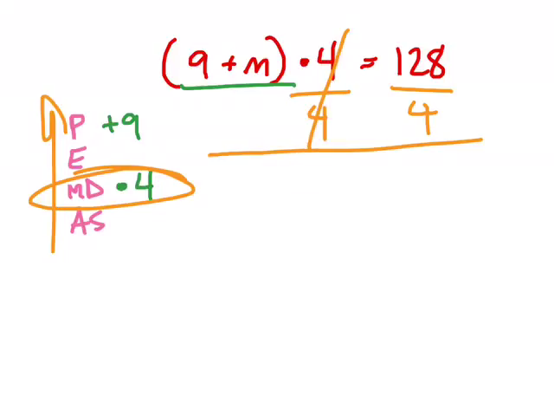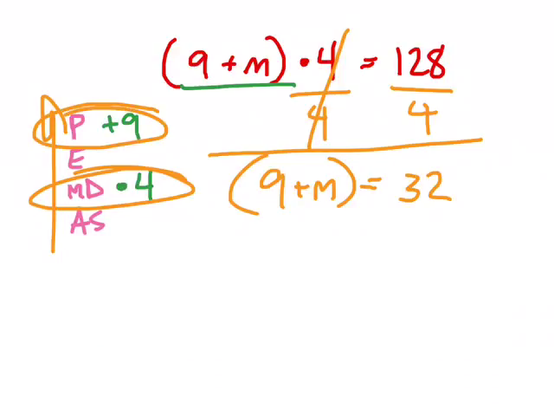We want to see what happened to maintain the balance of the equation. I'm going to rewrite the whole thing: 9 plus m. If I want to, I can leave it in those parentheses. It doesn't really matter. And that's going to equal 128 divided by 4, which is 32. Now I get to my parentheses. I was adding 9, so the opposite of adding 9 is subtracting 9.